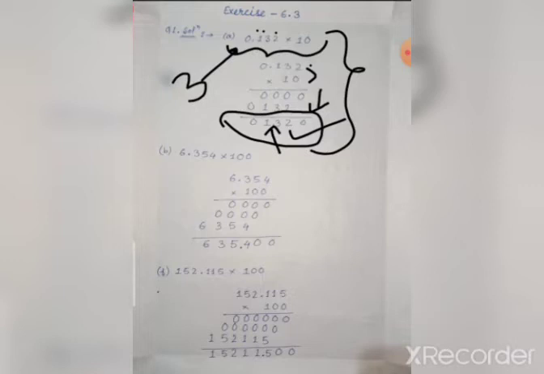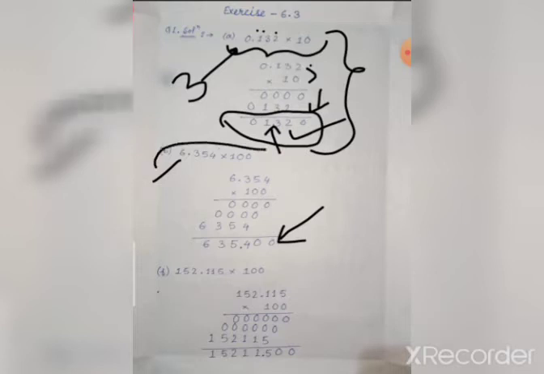Then come to question B, 6.354 into 100. You multiply this like above by 100, and you will get the answer. After getting the answer, you have to put the decimal, isn't it? So you count how many decimal places are in the question.